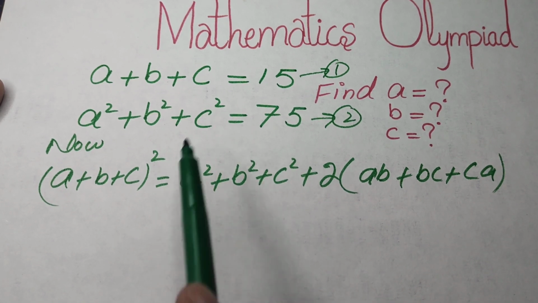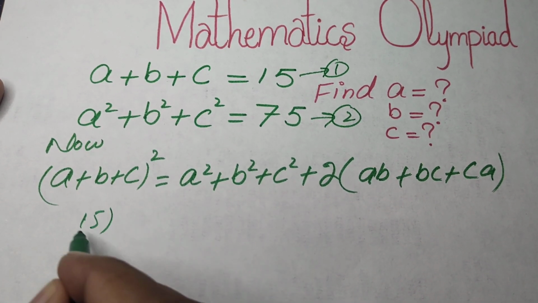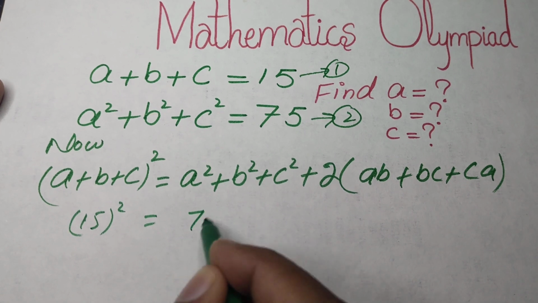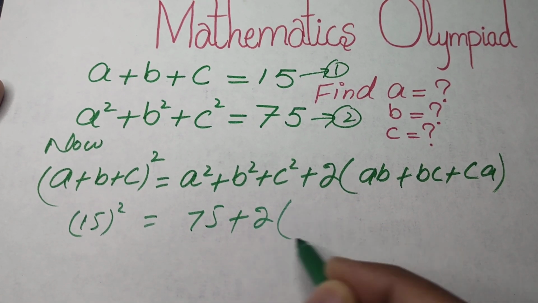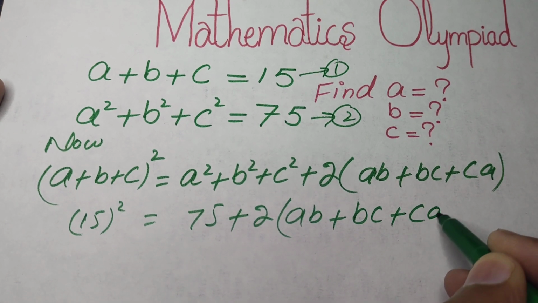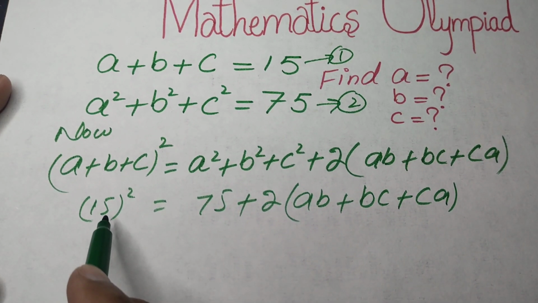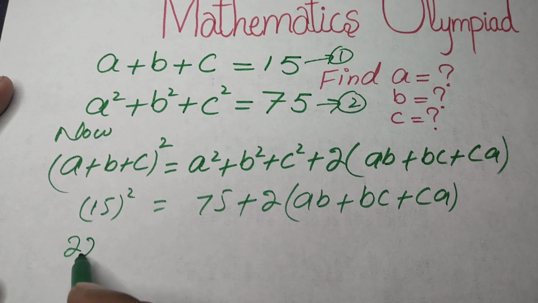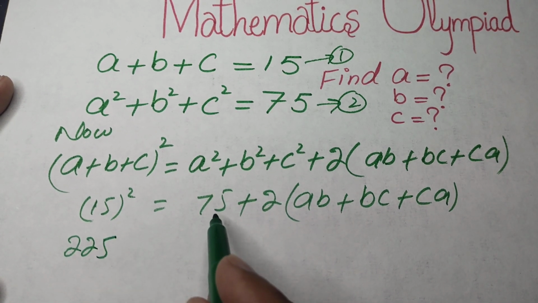We substitute these values here, and we will obtain 15 square, and this is 75 plus 2 times of ab plus bc plus ca.